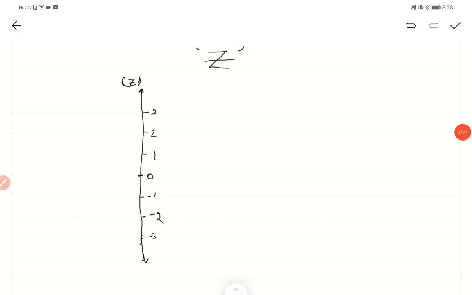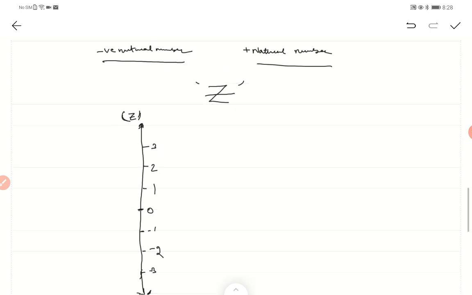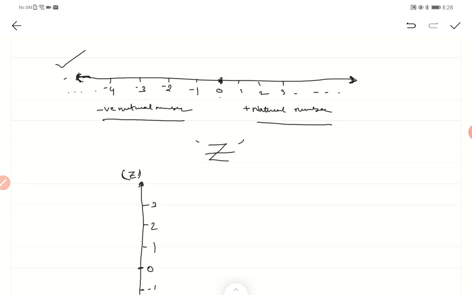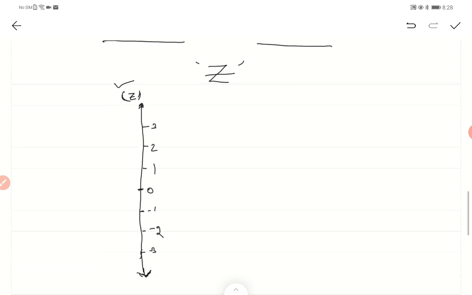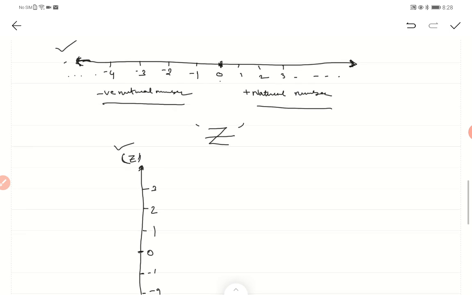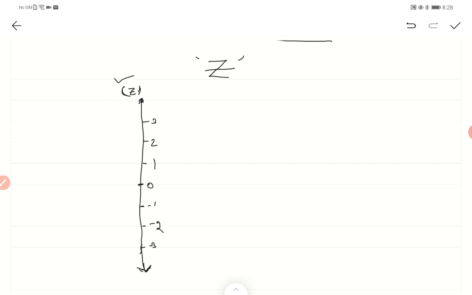Now I can represent our integer line like this as well. You can go for this kind of representation, or this. Normally you will go for the horizontal representation. If you go for vertical also, that's not wrong.